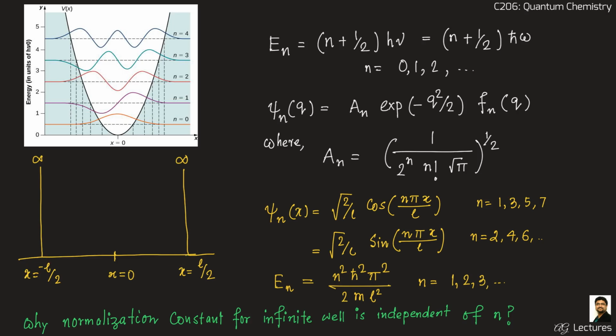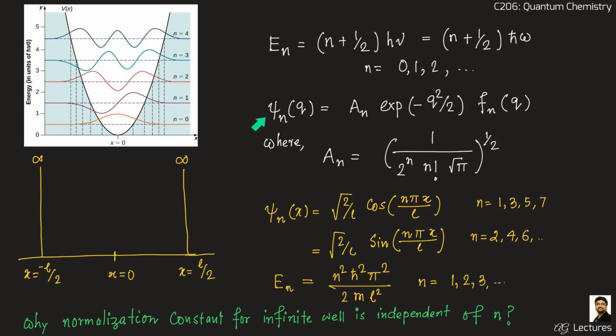But now, why is this particular difference there, which is written here: why is the normalization constant for the infinite potential independent of n? The normalization constant is root over 2 over L. It doesn't have any n. So irrespective of which wave function we are trying to normalize, the normalization constant is still the same.